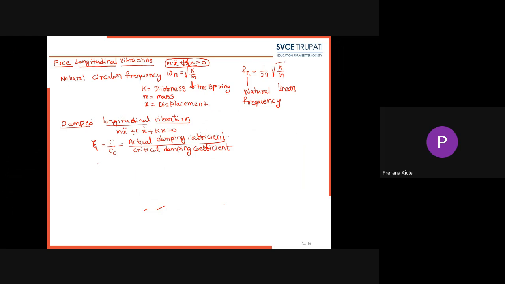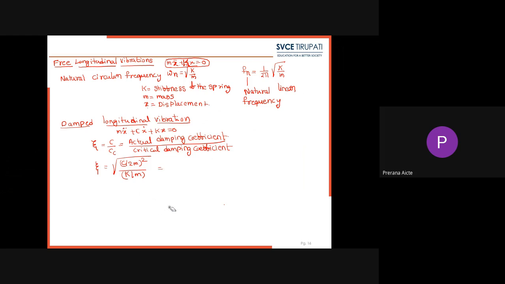We can write this as C by 2m whole square, that is actually C, and with K by M. That is Cc, the critical damping coefficient.